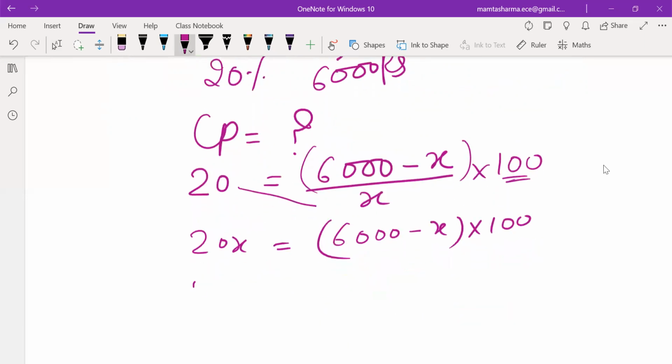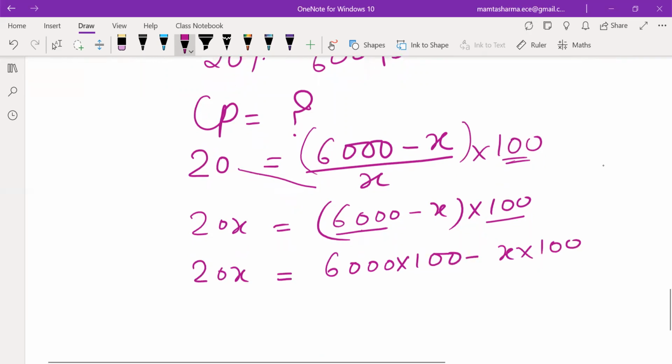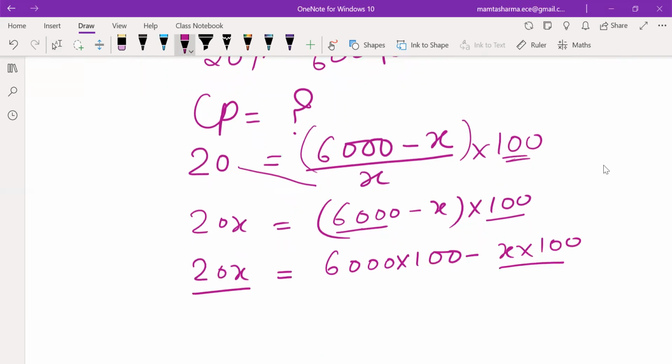So this could be written as 20x equal to, multiply this 100 first with 6,000 and then with x. So 6,000 into 100 minus x into 100. Now see, the x terms are like terms. You can transpose this term here.